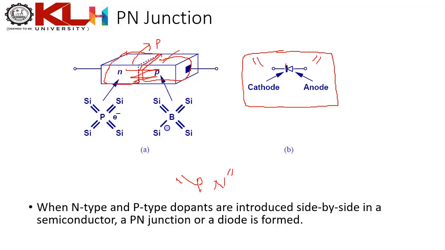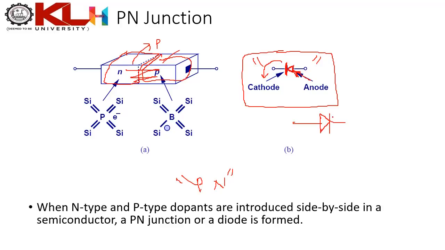So the n-type region corresponds to the vertical bar, which is also called the cathode, and the p-type region corresponds to the base of this triangle, which is also called the anode. So it is very important. This is how you draw the symbol of a diode.